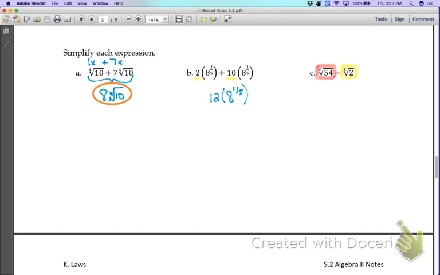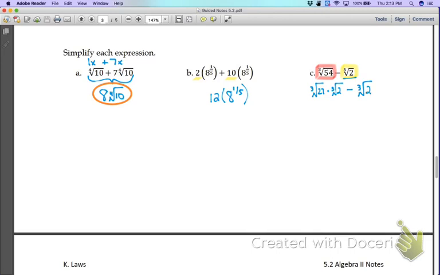So again, go down my list. 54 is right here. Can I divide 54 by 27? Yes. What is it? Cube root of 27 times, I bet it's 2. How do I know it's 2? Well, common sense tells me that it's probably going to match right there.